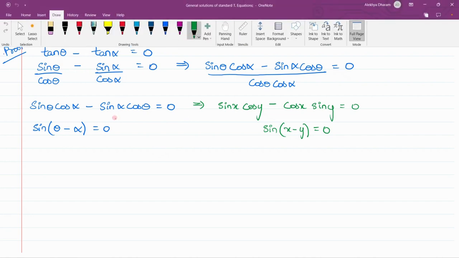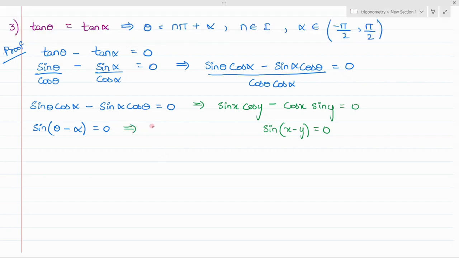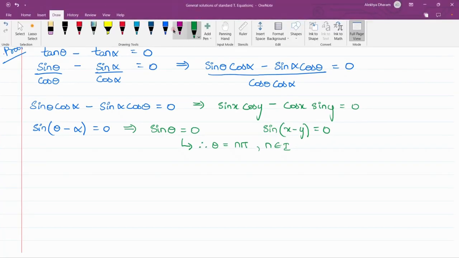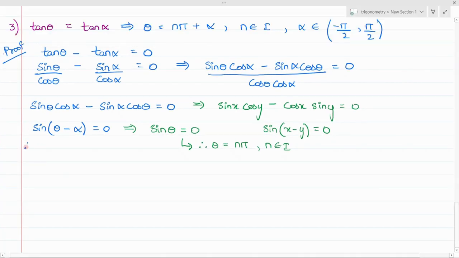So again, this equation is in the form of sine theta is 0. This is the simple equation we have seen, and we also know the solution for this, that is theta will be n pi, where n belongs to all the integers. So similarly, you can write it over here, that is theta minus alpha becomes n pi.